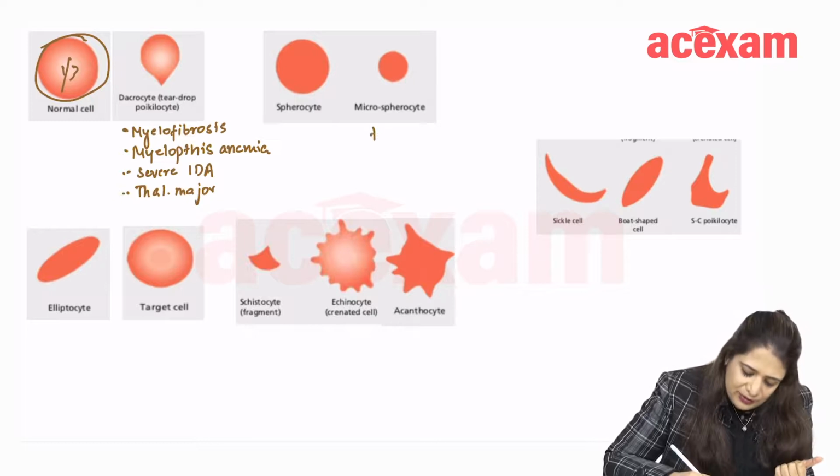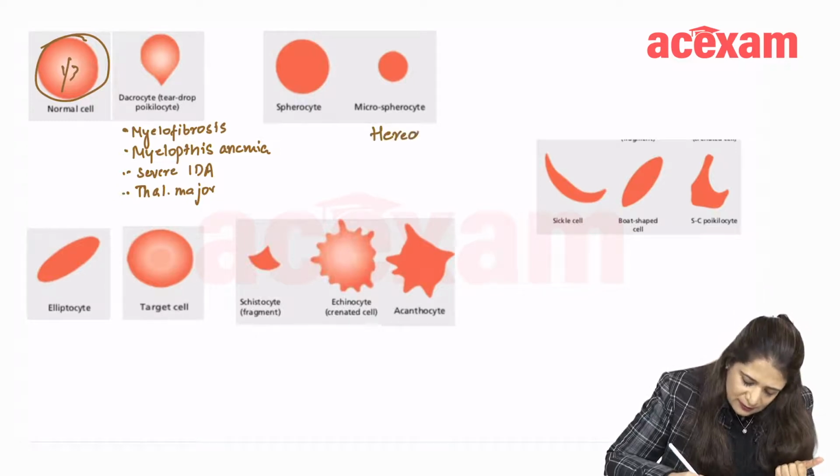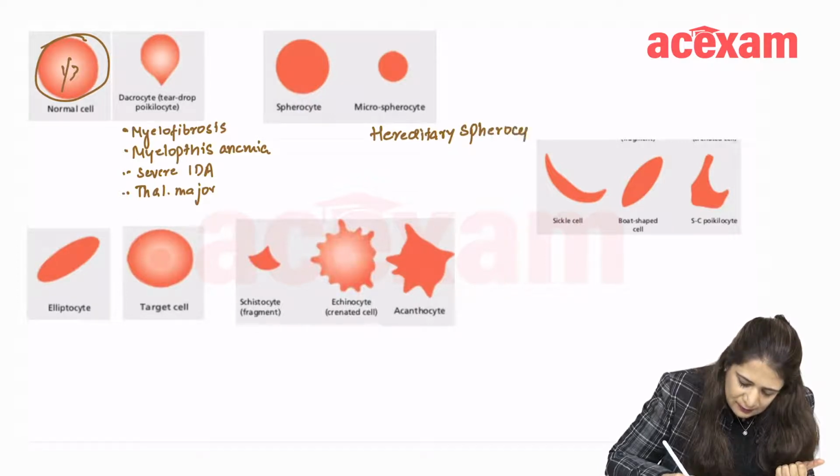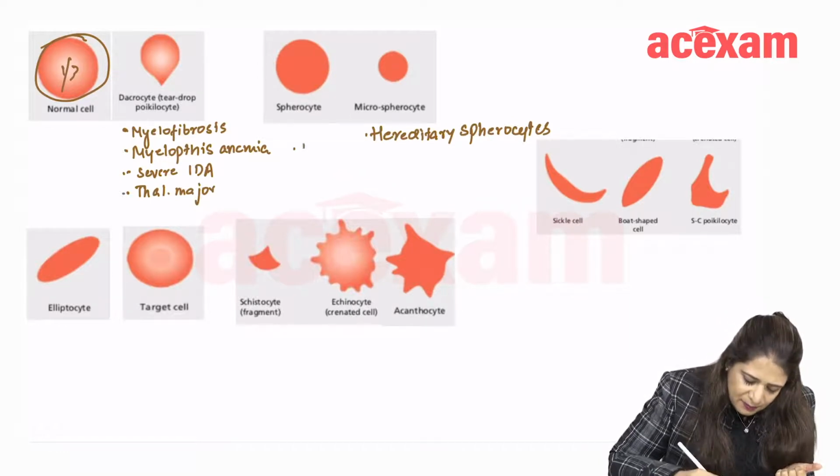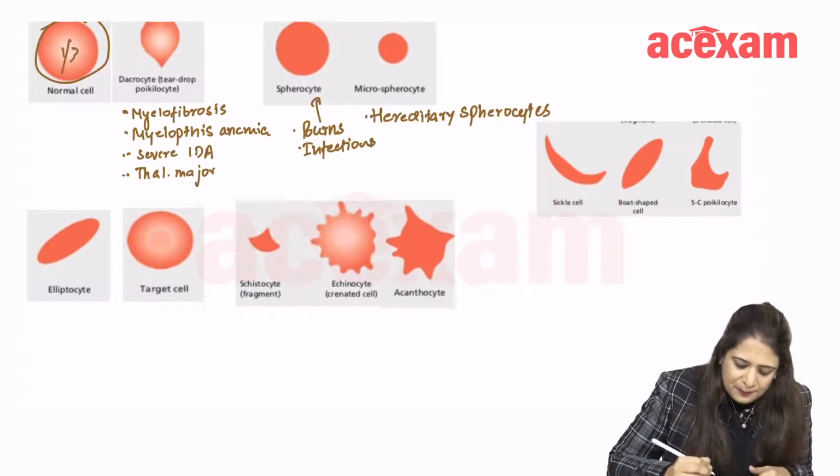like hereditary spherocytosis, that results in microspherocytes, right? Also, certain conditions like burns and certain infections like Clostridium infection also show spherocytes.